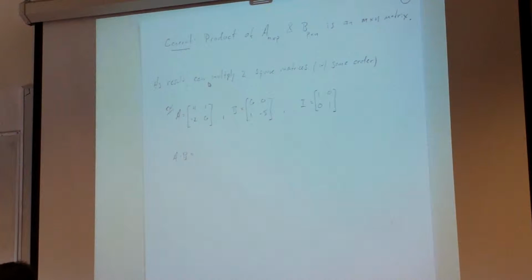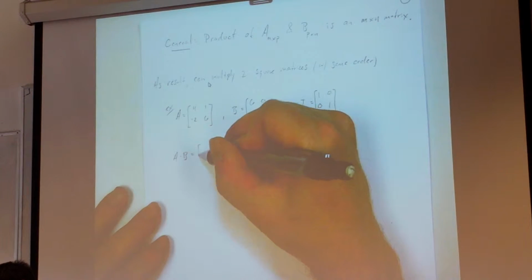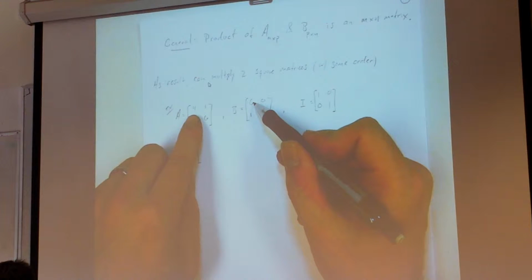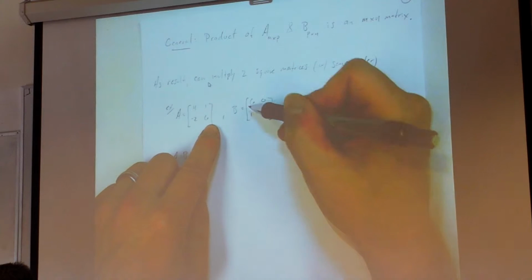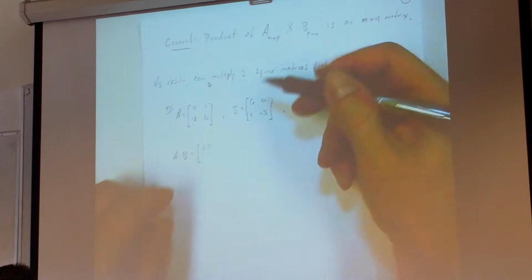What are you going to get? What would the dimensions be? 2 by 2. Right. Row 2, column 1. 12 plus 6.